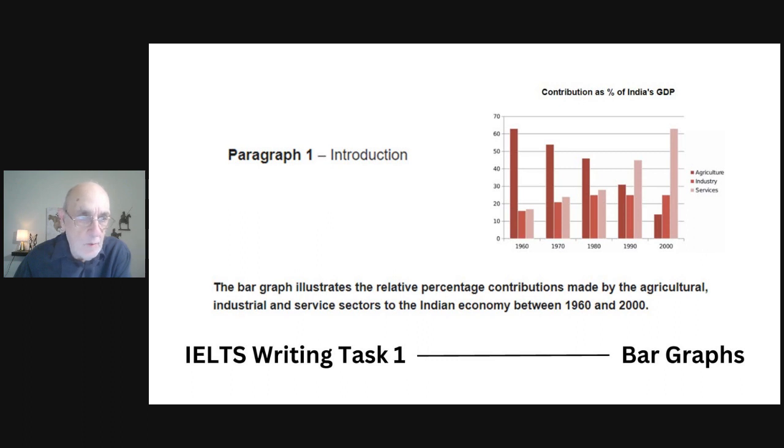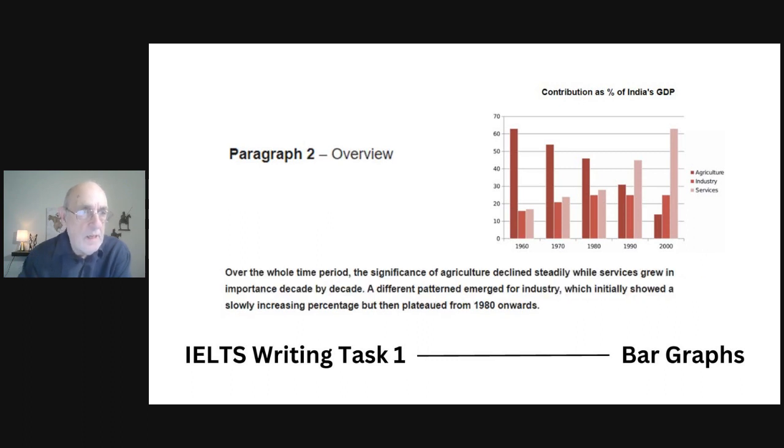The next step we want to do is paragraph 2. And paragraph 2 is where we simply give an overview of the entire bar graph. So we say over the whole time period, so we're dealing with 1960 all the way to 2000.